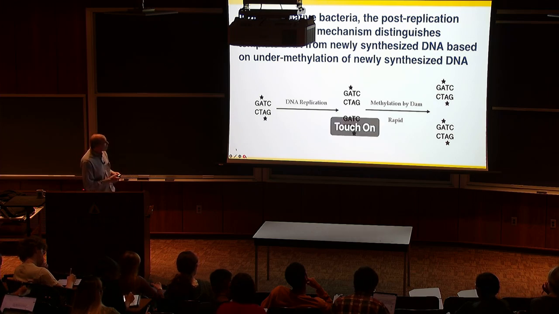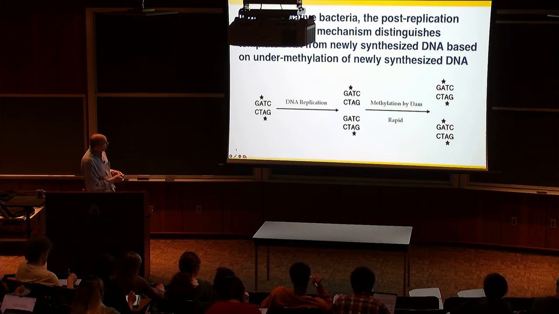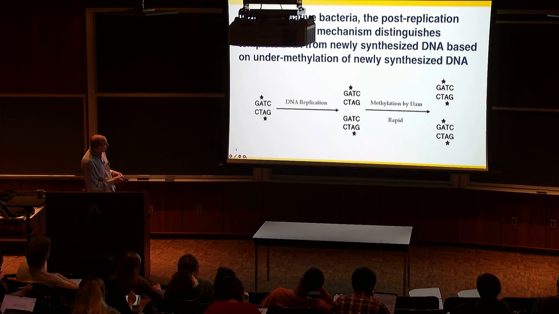So here's the old DNA, and in this case, it's for E. coli, it's methylation on adenine, and it happens at these sites, GATC, and I think you can see on the other strand, it goes the same way, GATC, so it's a palindrome.